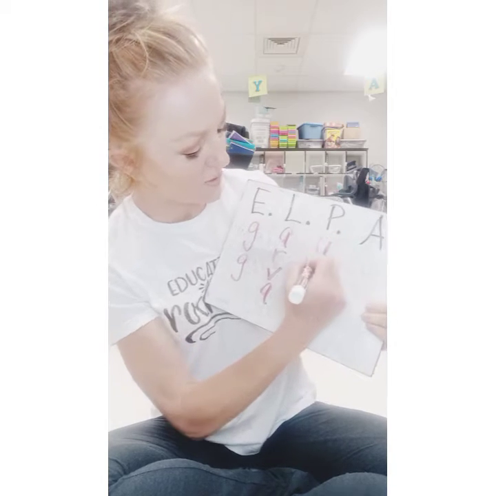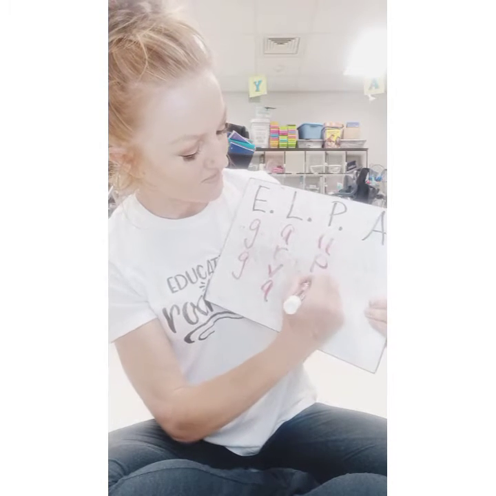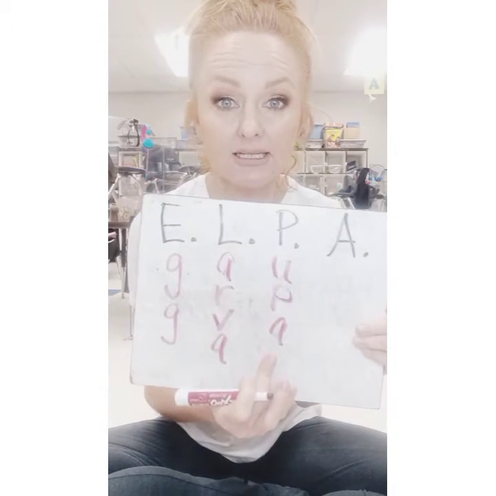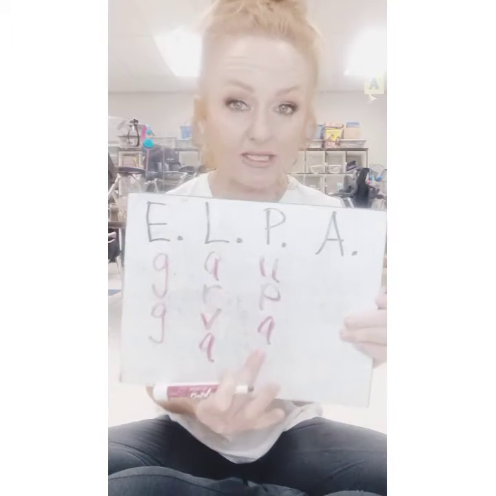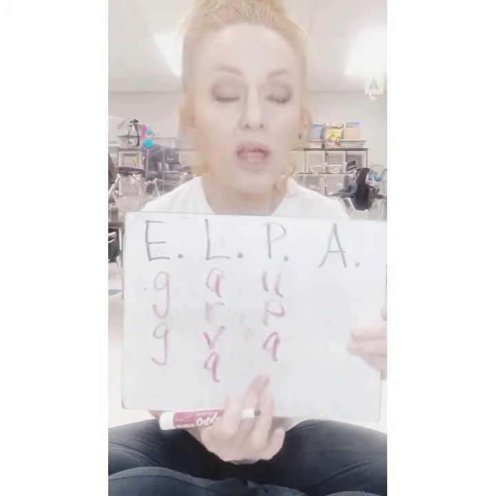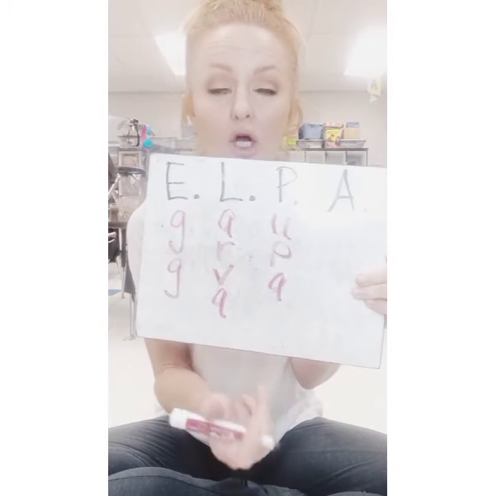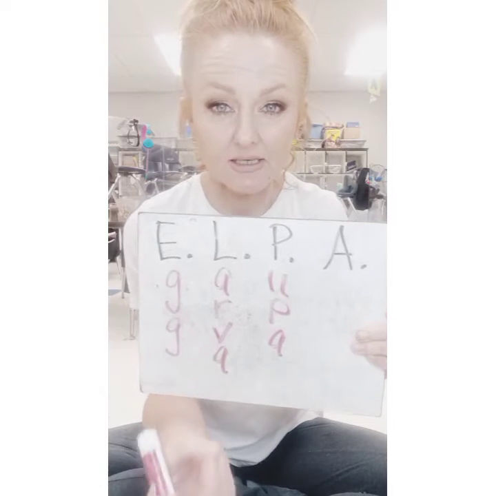Okay, there's been some confusion, and I get it, about the pupa stage. So P stands for pupa. And I hear many call it the cocoon stage, the chrysalis stage. It's always going to be the pupa stage. With a butterfly and a butterfly only, when it's in its pupa stage, it goes into a chrysalis.